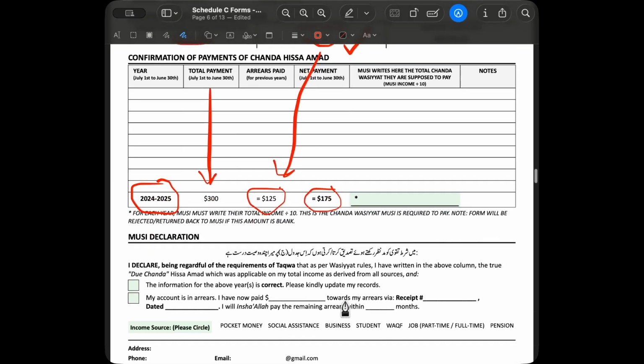Since she is on pocket money and she was supposed to pay $300 for the year, she will write down 300 here. And because the net payment she is left with for that year is $175, now she has arrears of $125 that she is supposed to pay, because $300 minus $175 is $125.